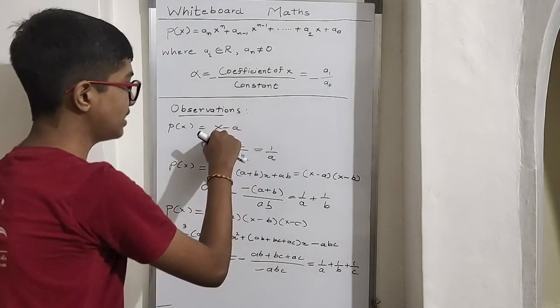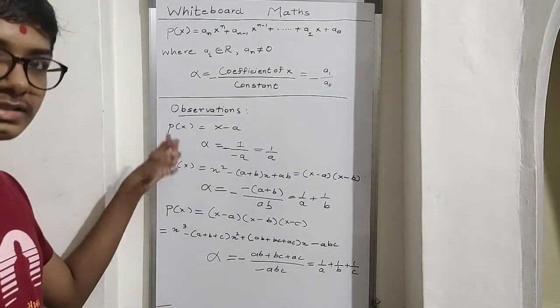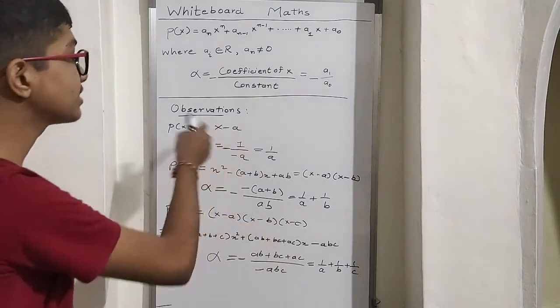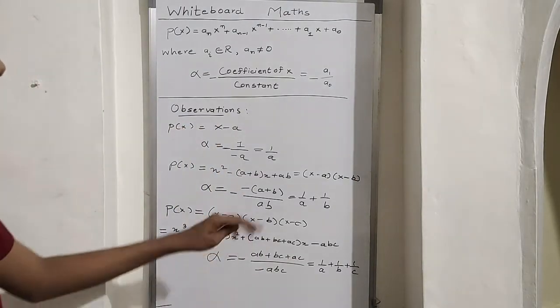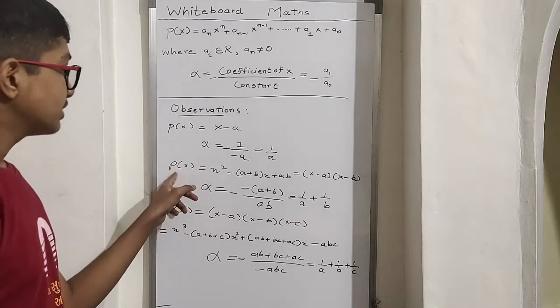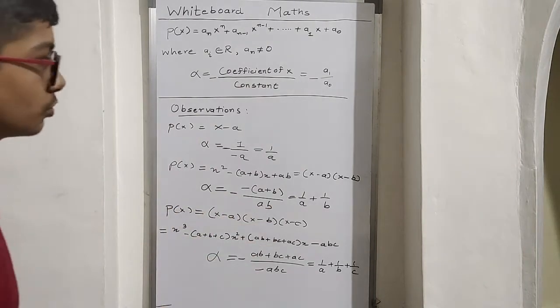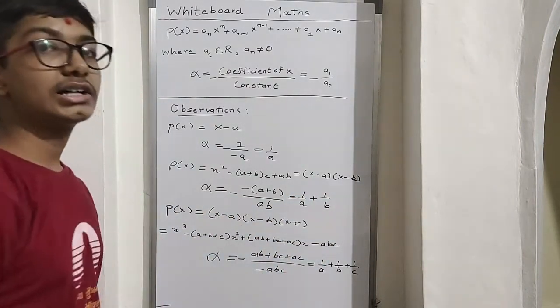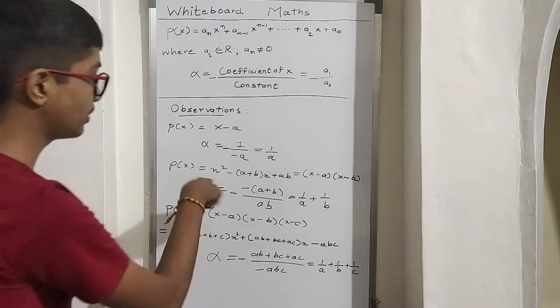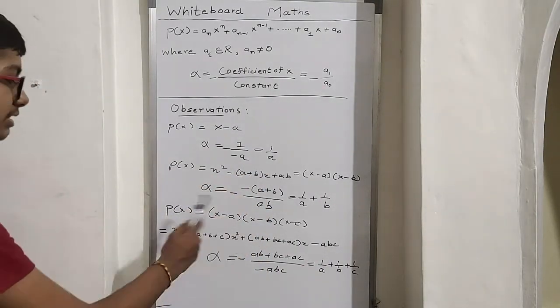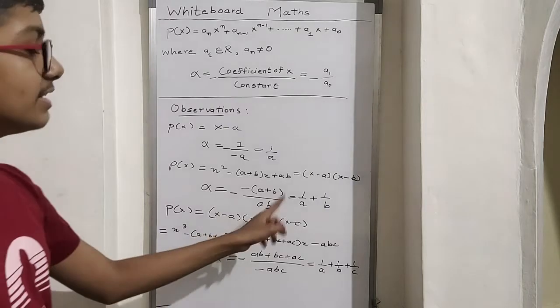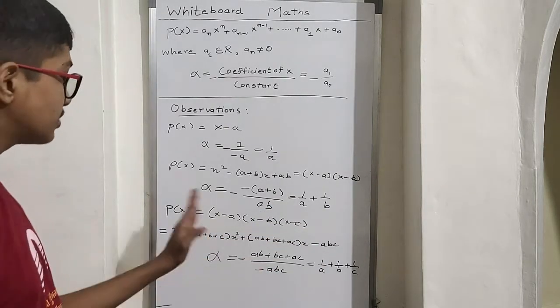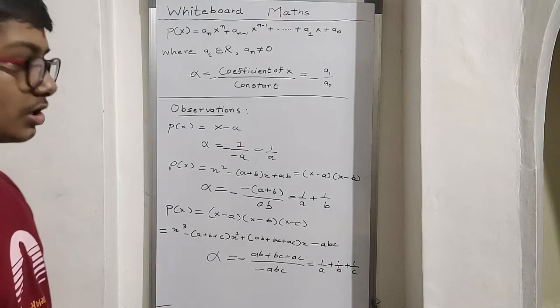Specifically, if we put a here, the polynomial would be 0. That means that a is the root of the polynomial. And same here in this second degree polynomial, a and b are the roots, and in this case a, b and c are the roots of this third degree polynomial.